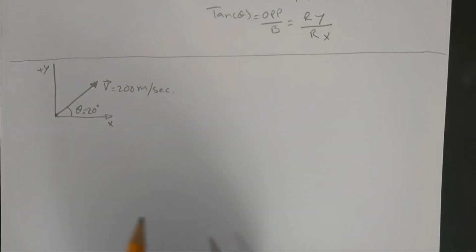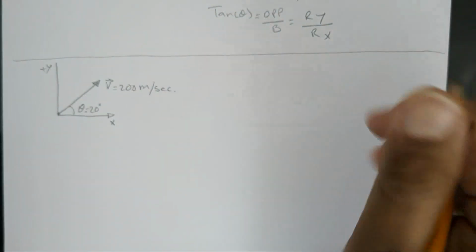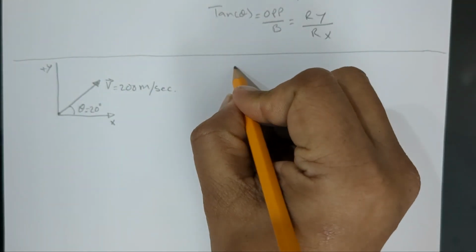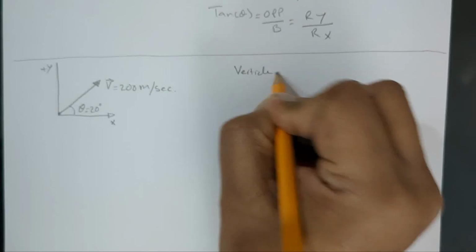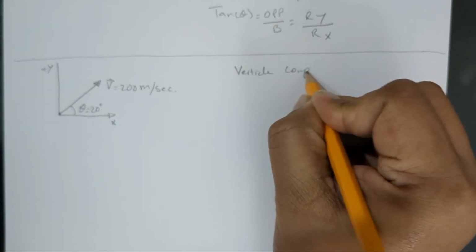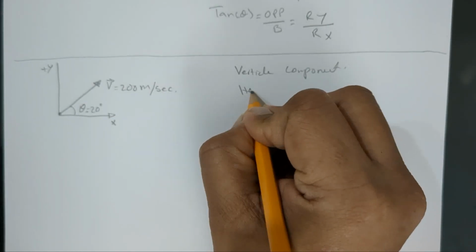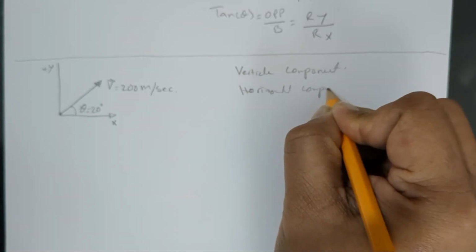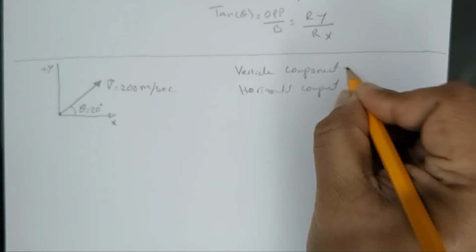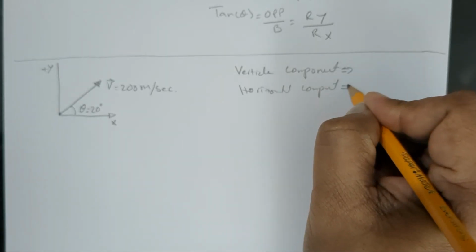So you need two pieces of information here that typically you'll be asked: what is your vertical component and what is your horizontal component. Let's see what is the difference, what are these, right?